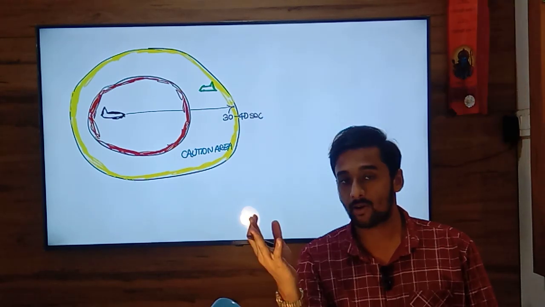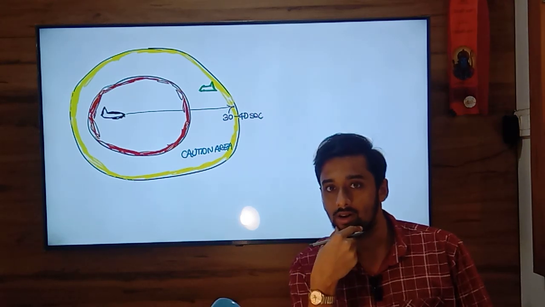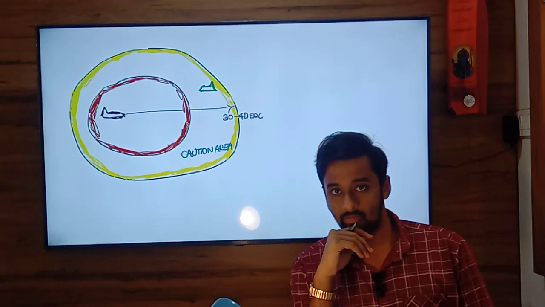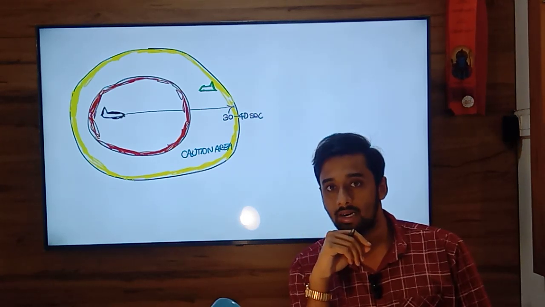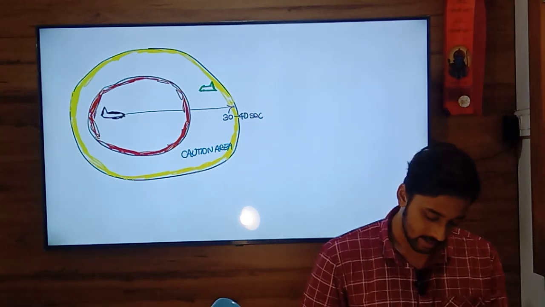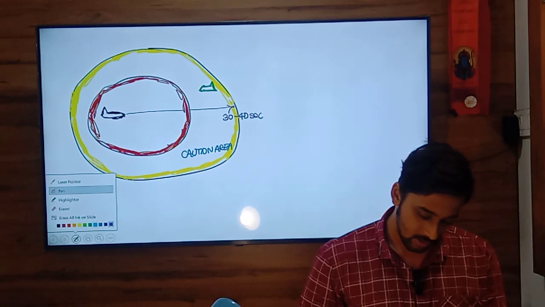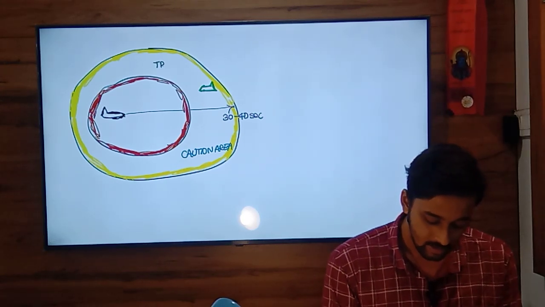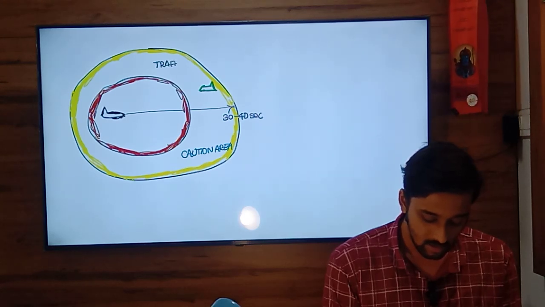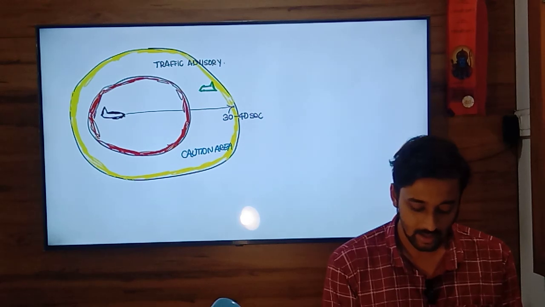So when the other aircraft is 30 to 40 seconds away from you, it will be the caution area. And when that traffic is in the caution area, the TCAS equipment will issue you a traffic advisory. Now what is a traffic advisory?